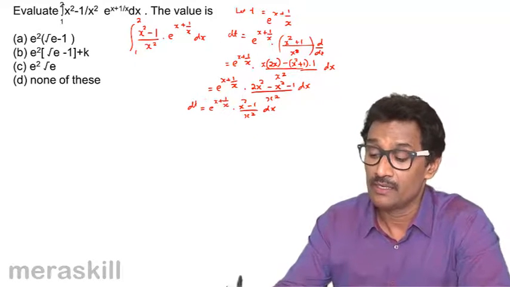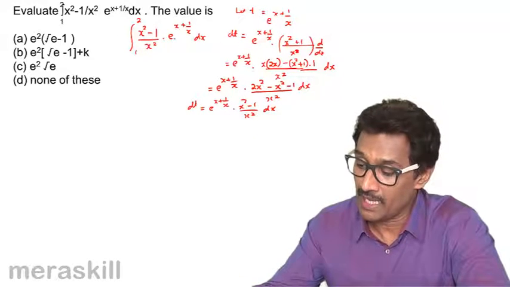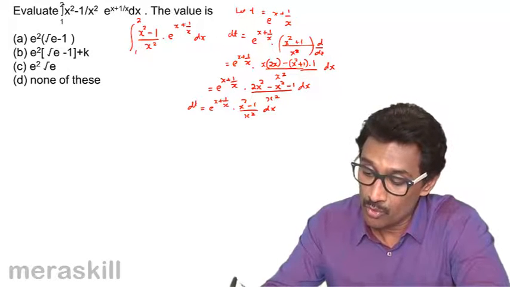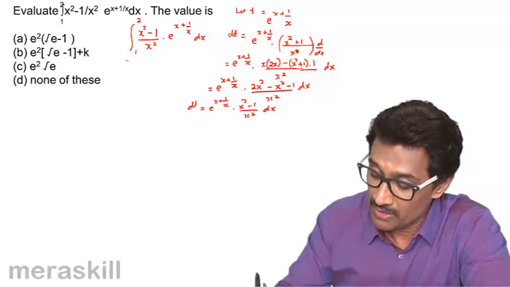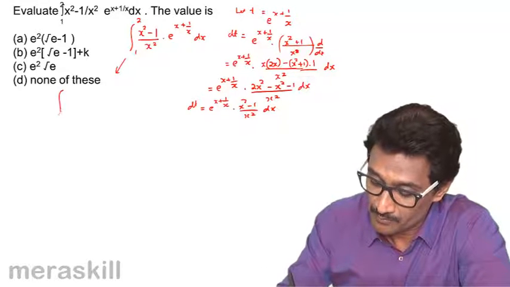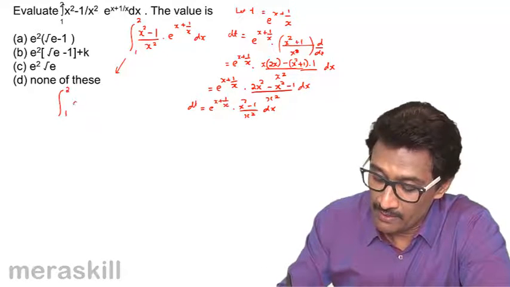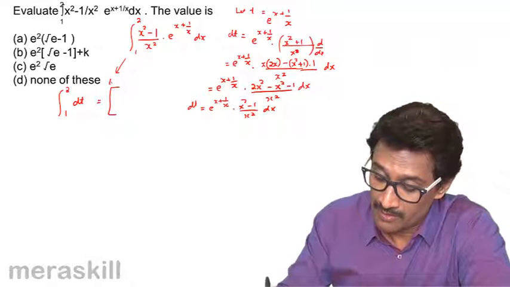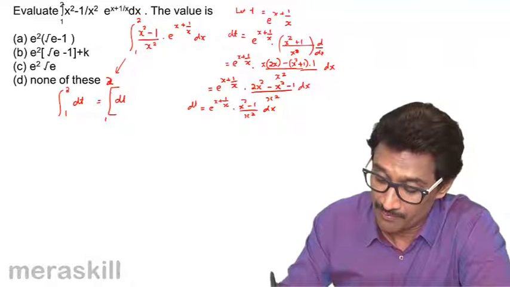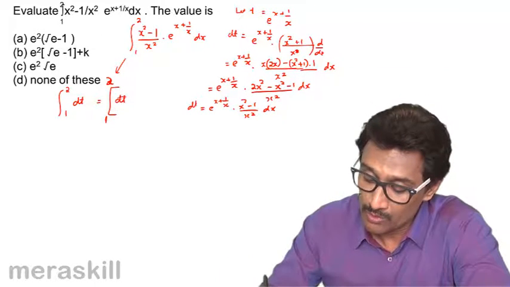So when you take e raised to x plus 1 by x as t, this whole thing itself is dt. So eventually this would become the integral of dt.